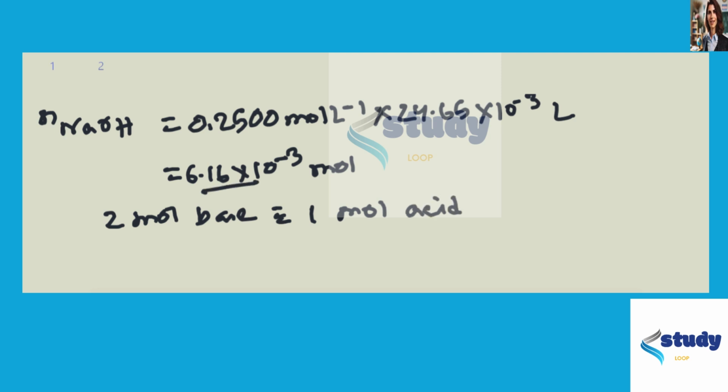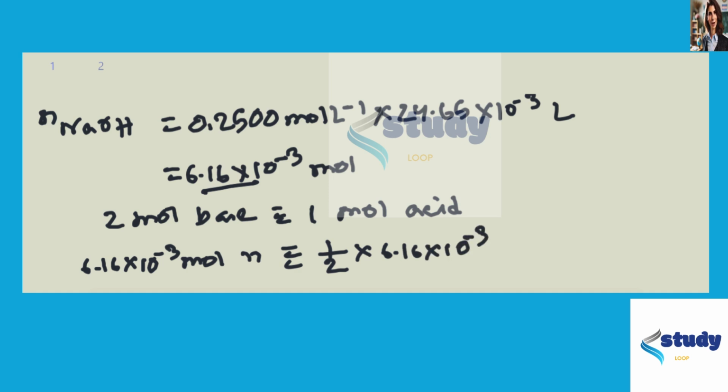That means this much mole of base, which is sodium hydroxide, will give us 1 over 2 times 6.16 times 10 to the power minus 3 mole, which is equal to 3.08 times 10 to the power minus 3 mole. So this is the number of moles of our tartaric acid.